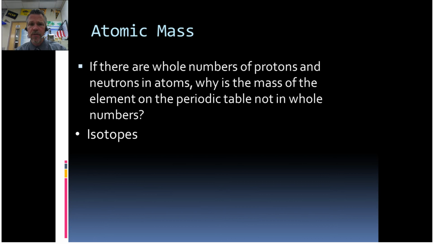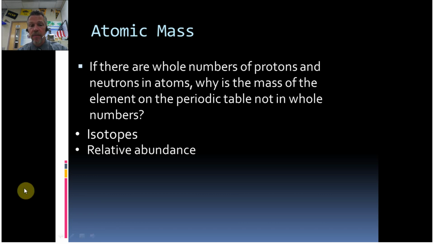And as I mentioned before, and as you've read about in your book, this is due to isotopes and the fact that there are different flavors, or different versions, of a given element. And each isotope of an element will have a different abundance. For example, most of the carbon that you find in the natural world is carbon-12.